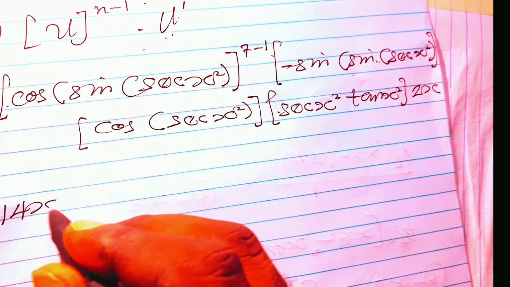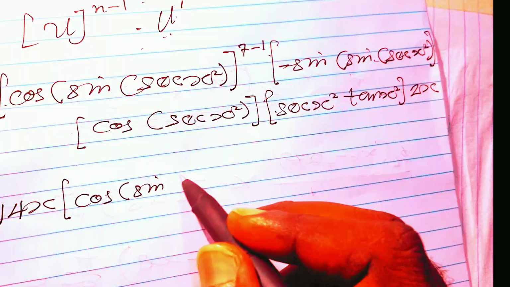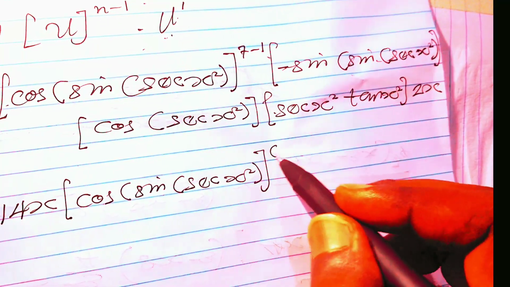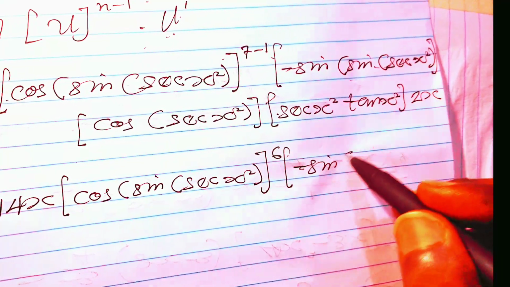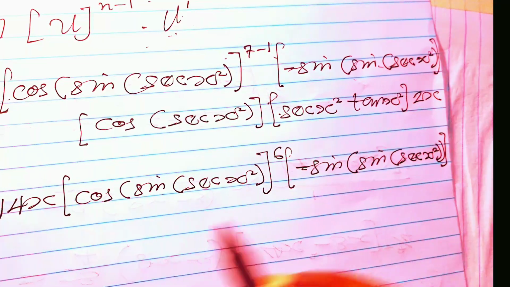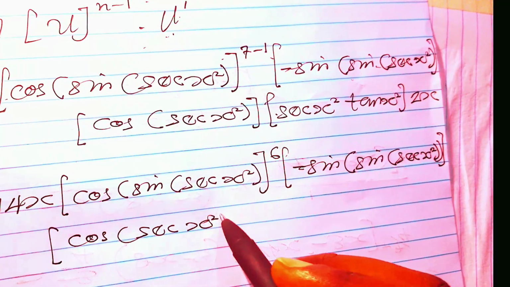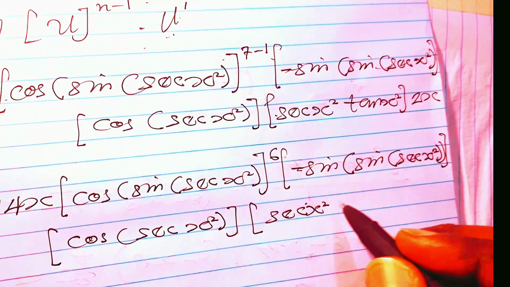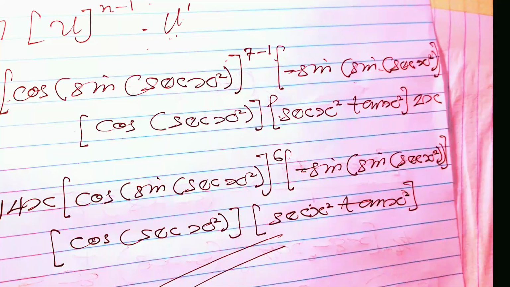We have 14x in a bracket, cos bracket sine bracket sec x squared raised to the power of 6, that's 7 minus 1, and then in the bracket negative sine in the bracket sine in the bracket sec x squared, and then multiplied by cos, bracket sec x squared, and then in the bracket sec x squared times x squared. So that is the answer to such a question.